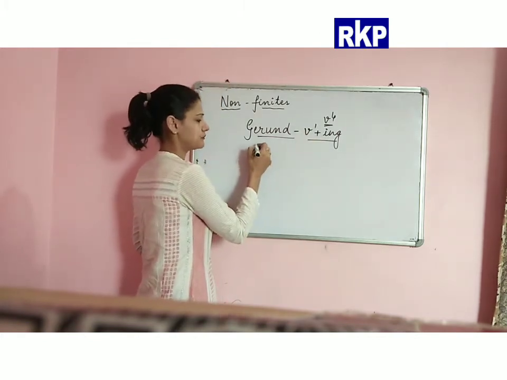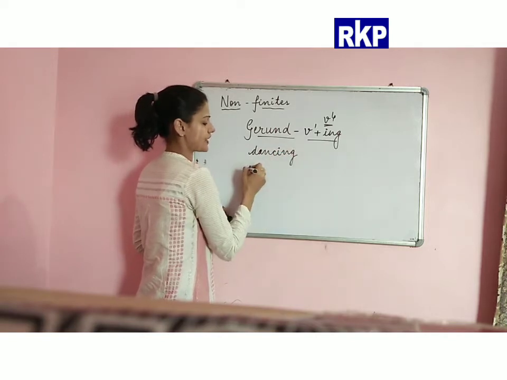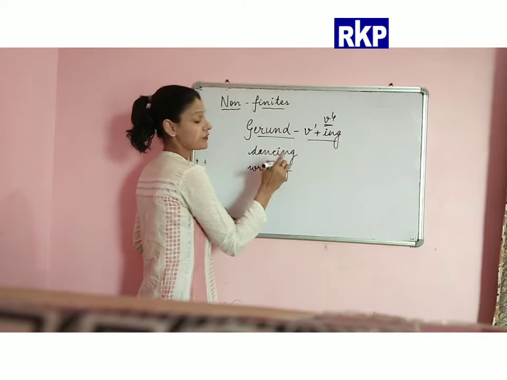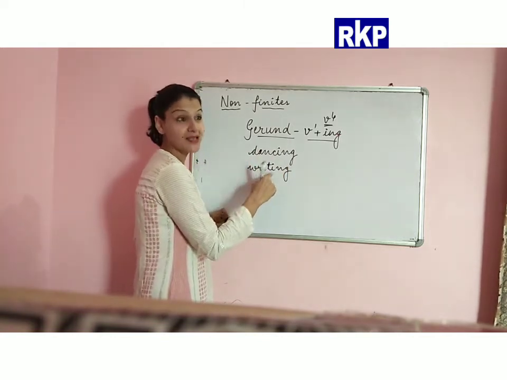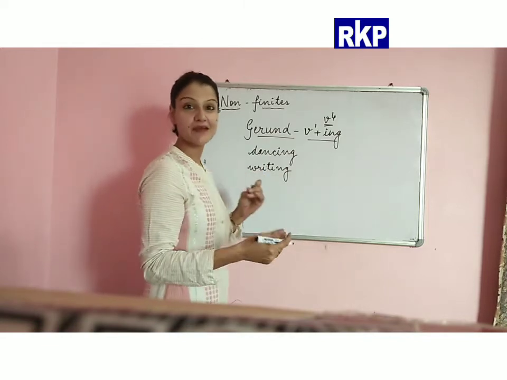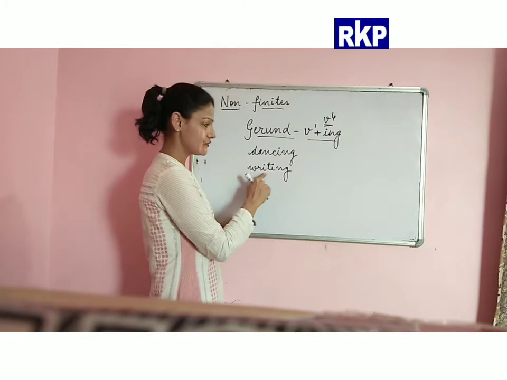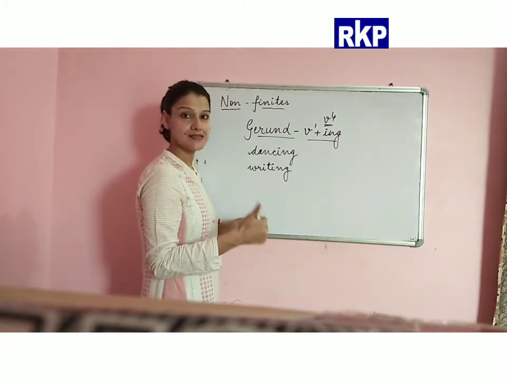For example, dancing, writing. By the way, we don't use a double T here. I wrote this specifically because children make mistakes here. So writing, single T; written, double T. Is that clear?